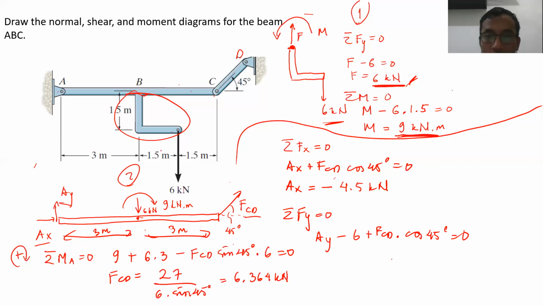So there my Ay will be equal to 6 kilonewton minus FCD cos 45.